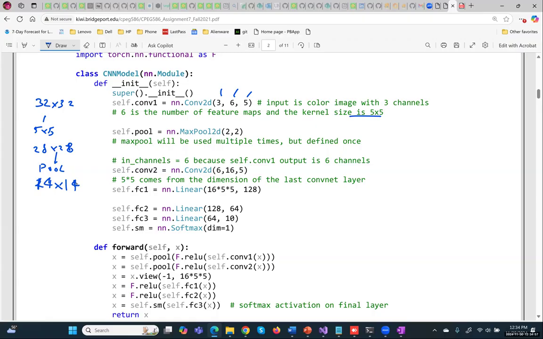We take the input X, which is 32 by 32, apply convolution 1, which we set up as a 5 by 5 kernel, apply the ReLU, then apply the pooling. So this X will become, at this point in time, how much? 14 by 14. Now let's go to the second line.